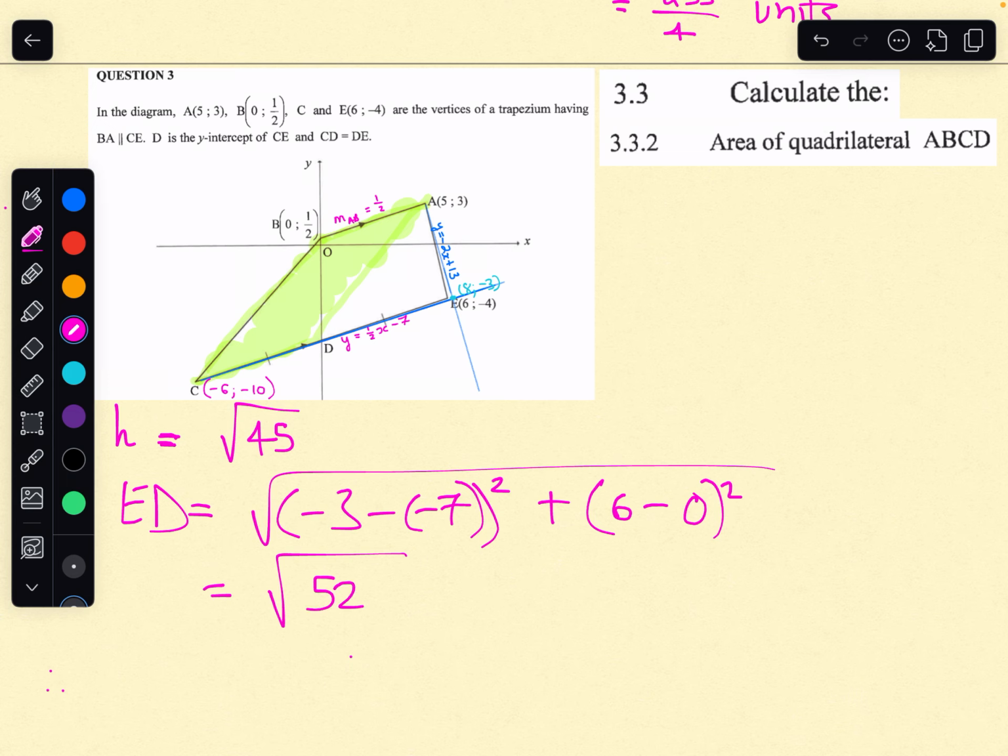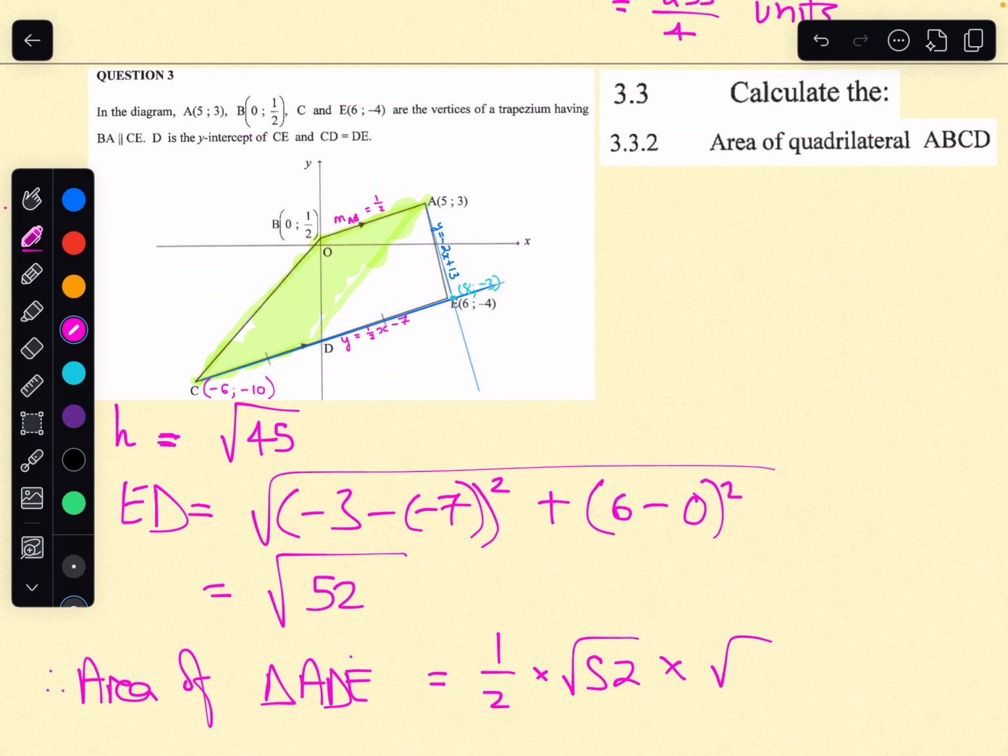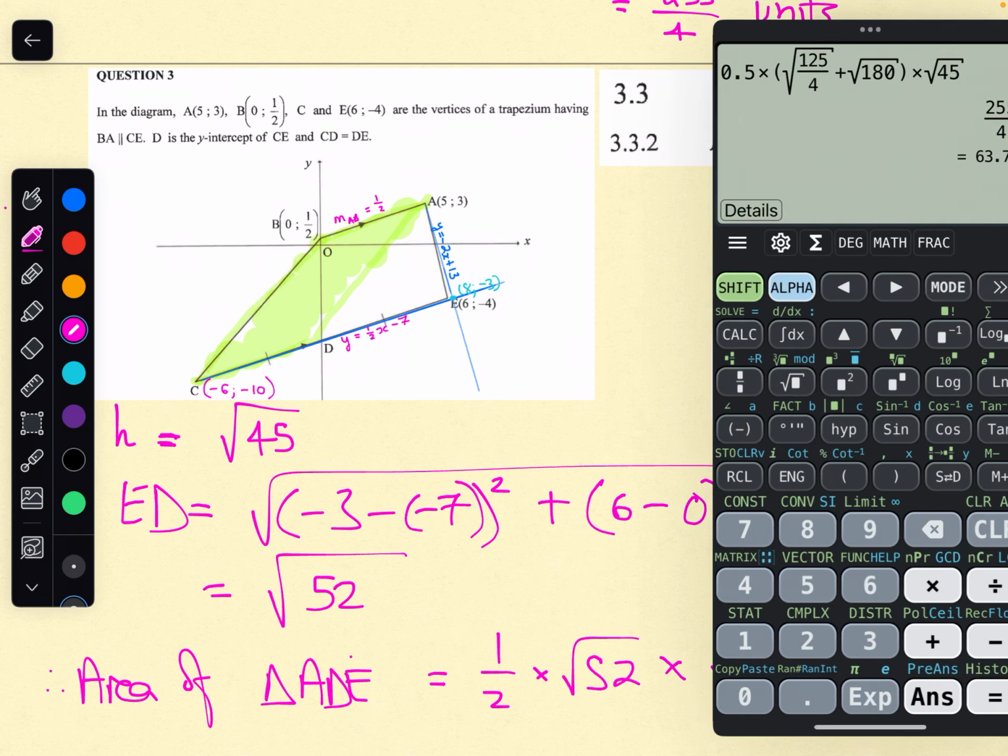And so the area of triangle ADE is equal to half base times the perpendicular height. And let's see what that comes to.